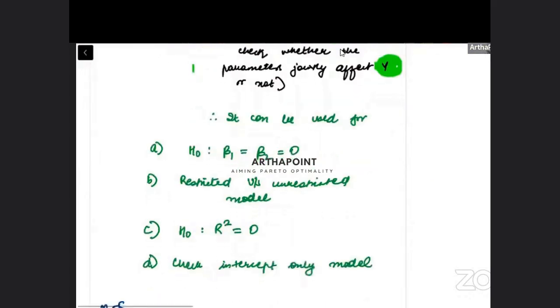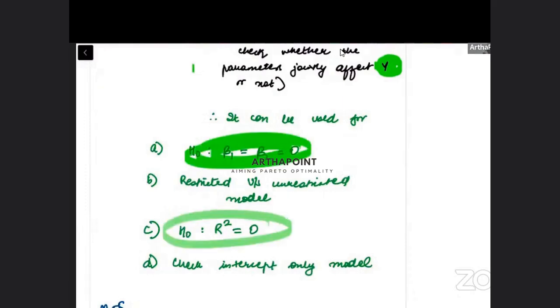Because we are checking a joint test of the betas, it is equivalent to testing whether your R square itself is 0 or not, right? And as I have showed you in our lectures, it is also used to test restricted versus unrestricted model. What is a restricted model? A restricted model is one where some of the parameters are left.